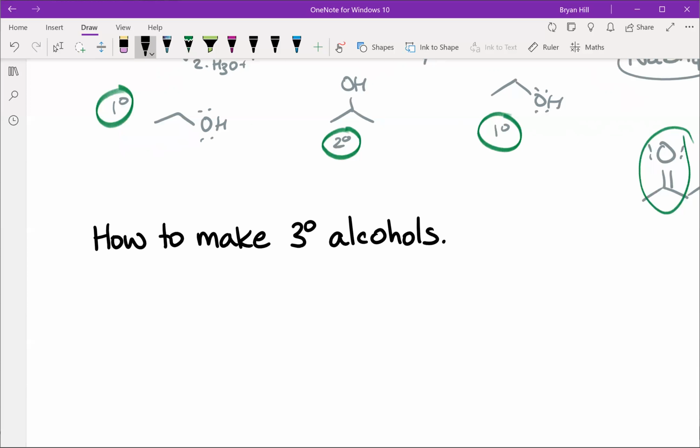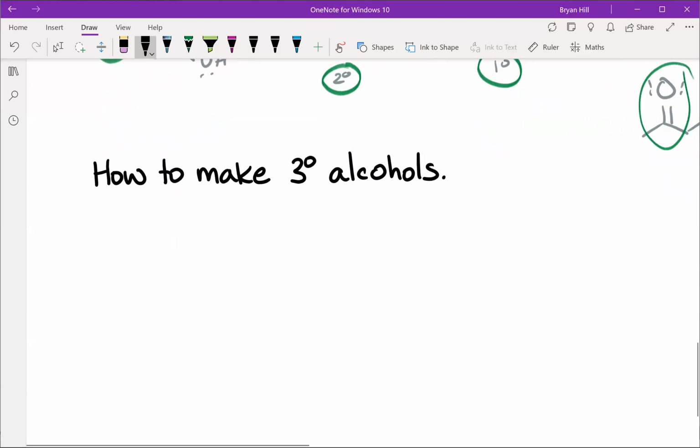Okay, so if you want to make a tertiary alcohol, you start with this. You can start with the same materials. Let's say we've got acetone.